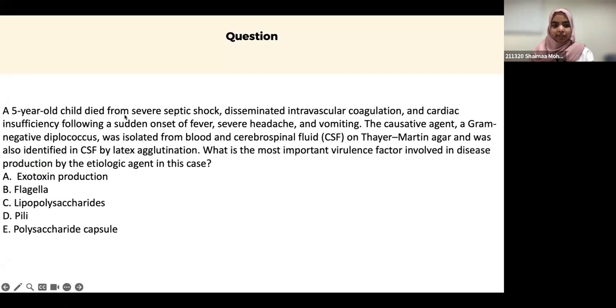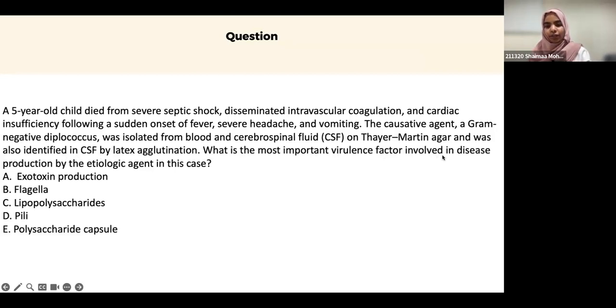A 5-year-old child died from severe septic shock, disseminated intravascular coagulation, and cardiac insufficiency following a sudden onset of fever, severe headache, and vomiting. The causative agent, a gram-negative diplococcus, was isolated from blood and CSF on Thayer-Martin agar.